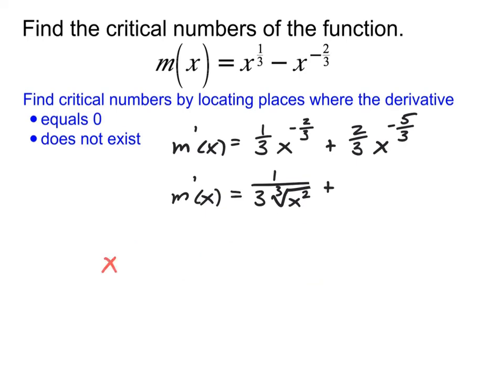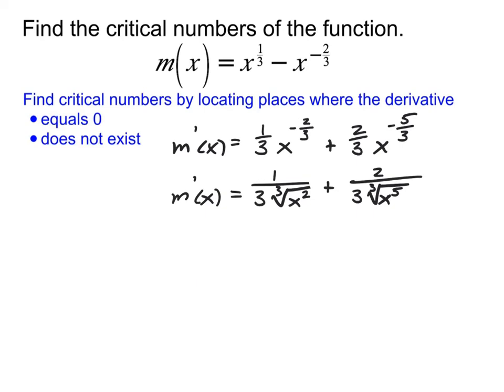So my x to the -5/3 is going to become 1 over the cube root of x to the 5th. And so then my second term is going to be 2/3 times, because of the 2/3, 1 over that cube root of x to the 5th.